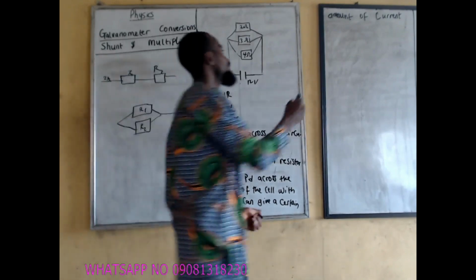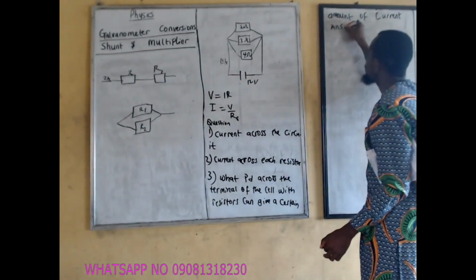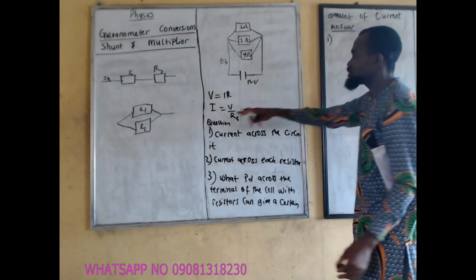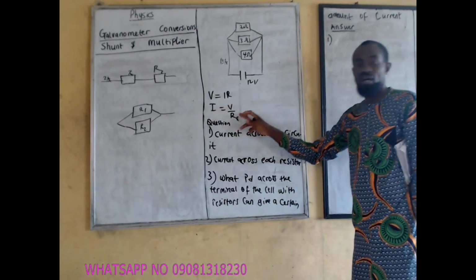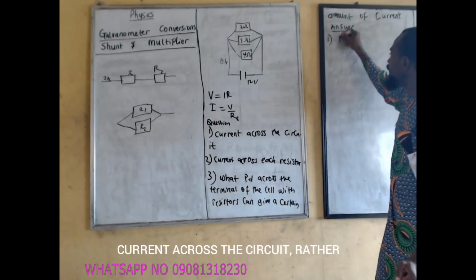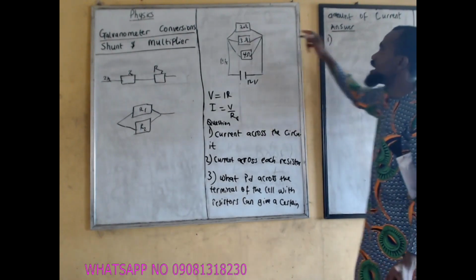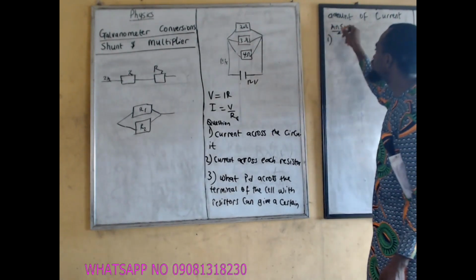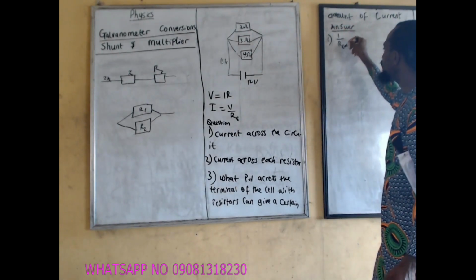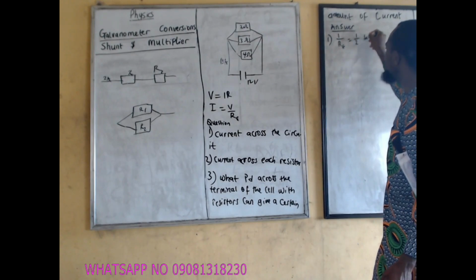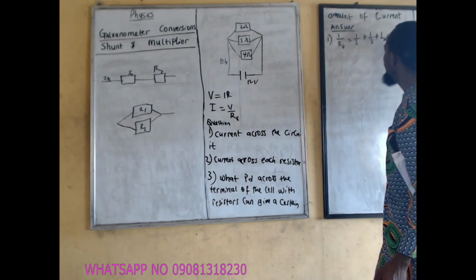Let's quickly do it. One, you say I is equal to voltage over equivalent resistance. So we find R_E. Since these resistors are in parallel, to get the equivalent resistance, you say 1 over R_E equals 1 over 2 plus 1 over 3 plus 1 over 4.